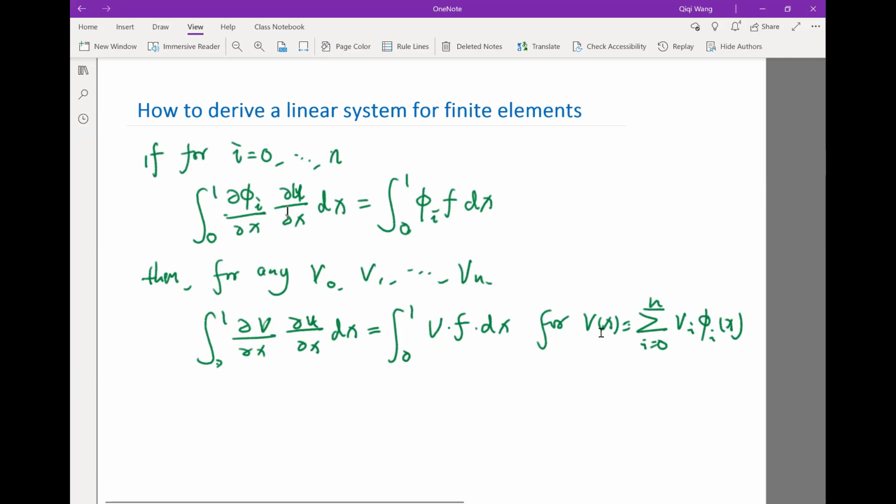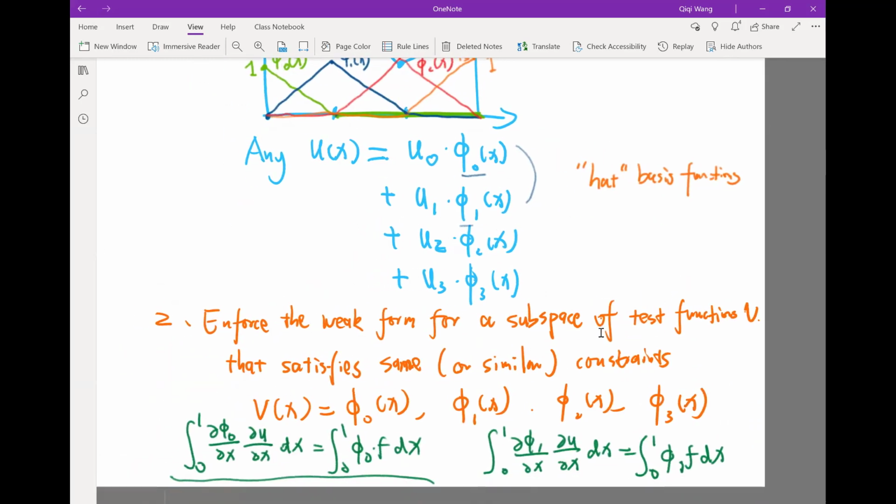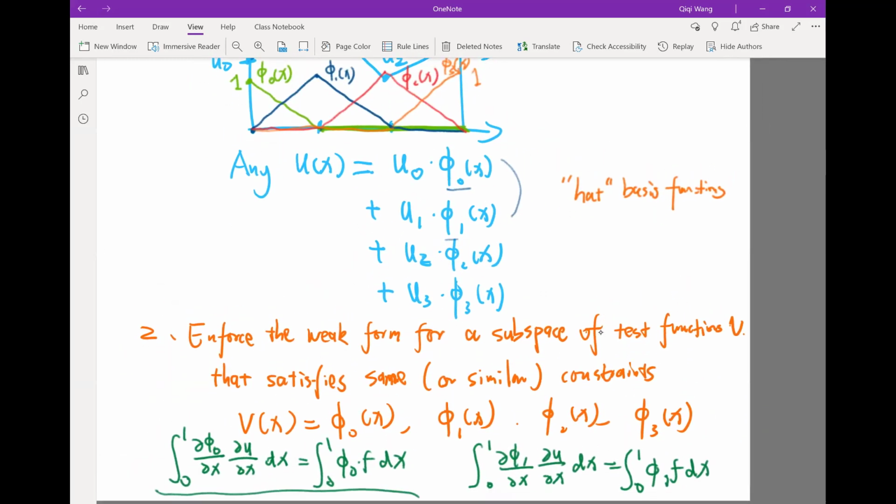So that means we actually derive a linear system. We are deriving a linear system because we have actually 4 equations to enforce, for v equal to phi0, phi1, phi2, and phi3. We have 4 equations.